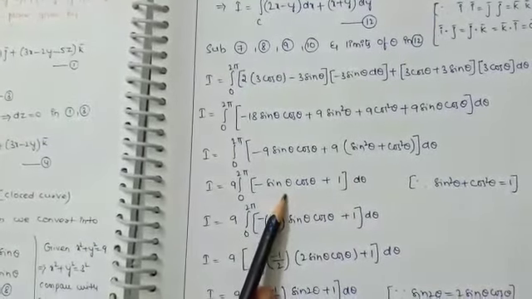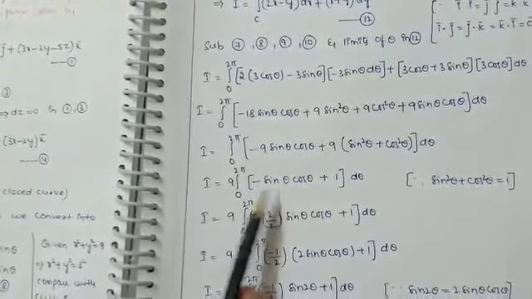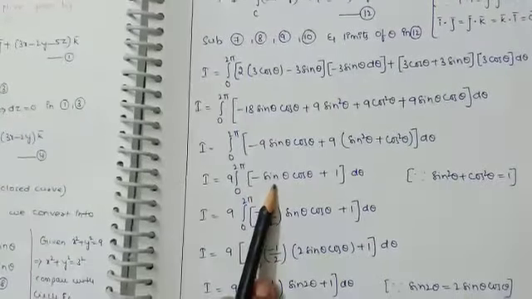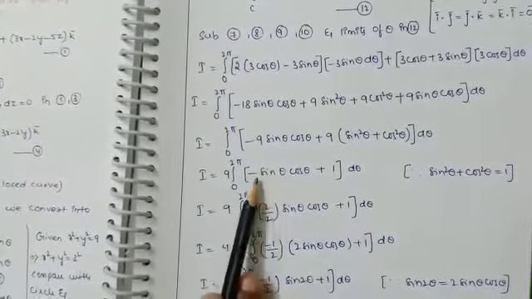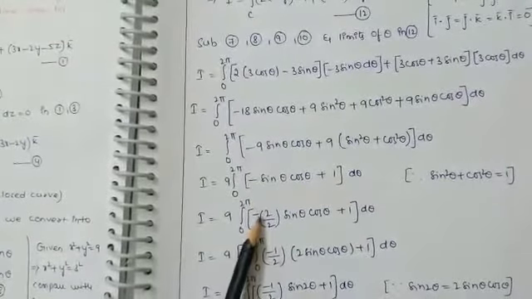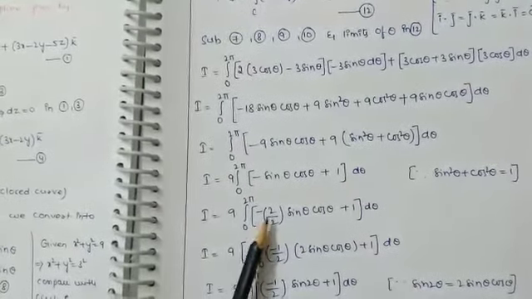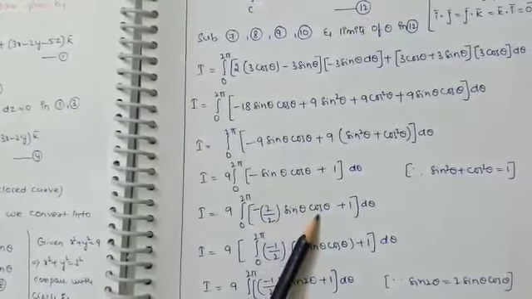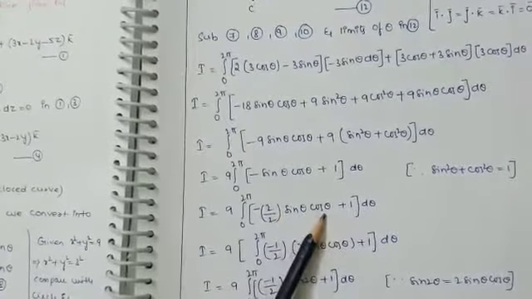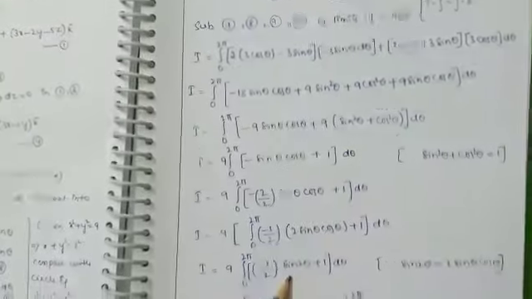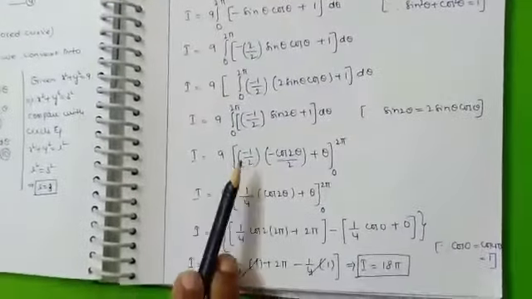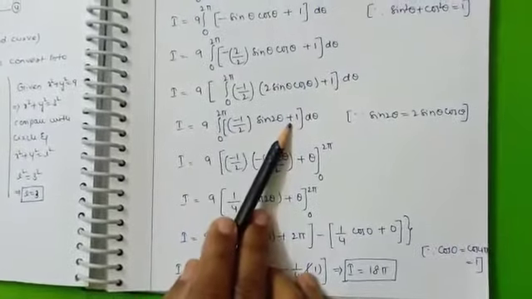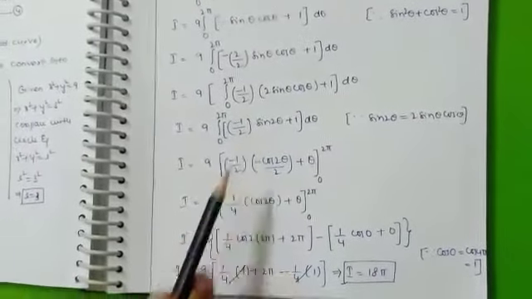Now you have to evaluate this integral here. For that, we are going to take it in terms of sin 2 theta. 2 is not given, so we are going to divide and multiply by 2. We have taken 2 sin theta cos theta, which we have converted as sin 2 theta. On simplifying we get minus 1 by 2 sin 2 theta plus 1. Apply the integration formula.